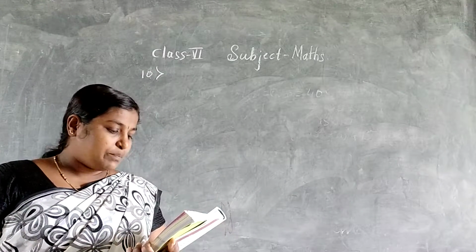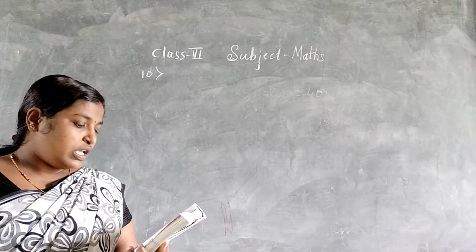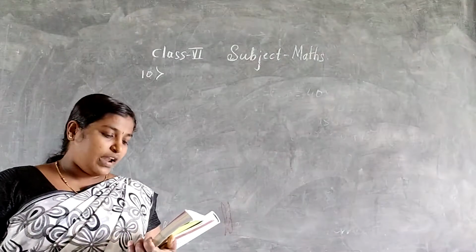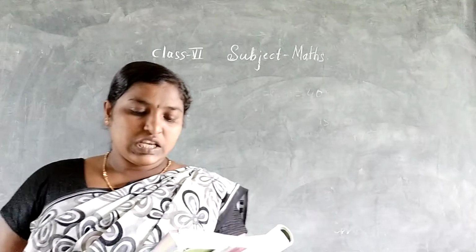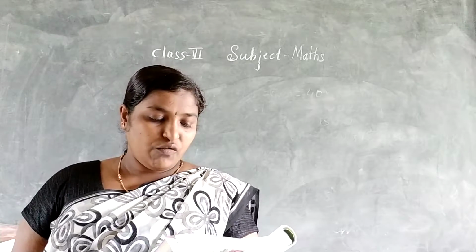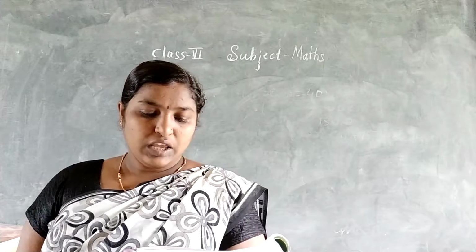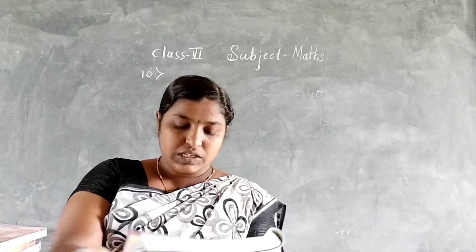Medicine is packed in boxes, each weighing 4 kg 500 gram. How many such boxes can be loaded in a van which cannot carry beyond 800 kg?